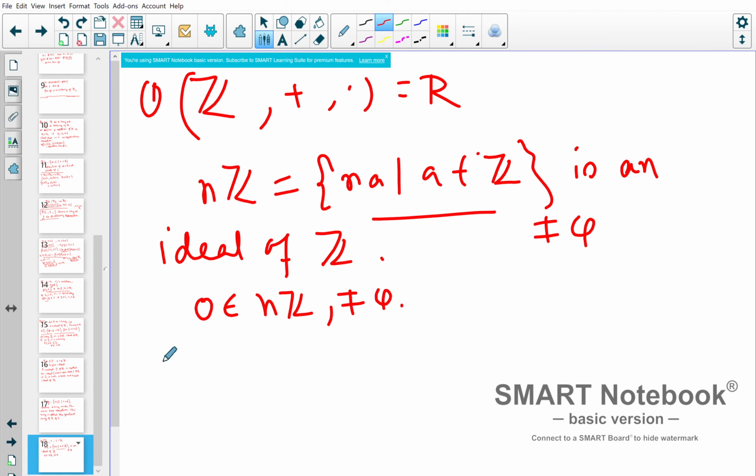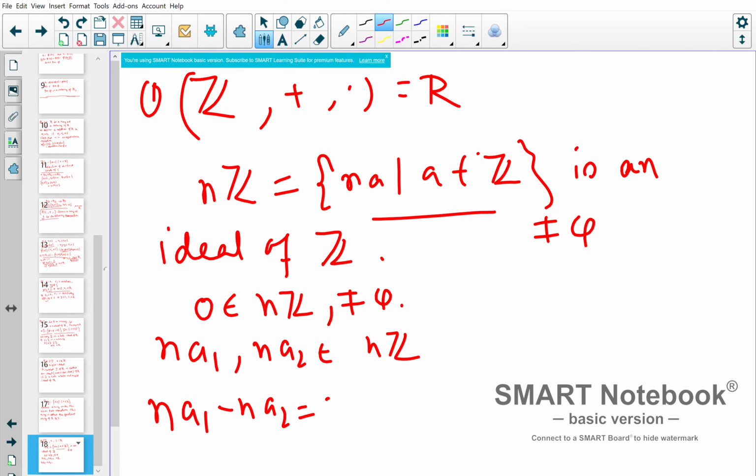If you choose two elements from here, n·a1 and n·a2 belonging to nZ, then n·a1 minus n·a2 is nothing but n times (a1 minus a2), and hence is an element of nZ, right? So this is closed under negative elements.